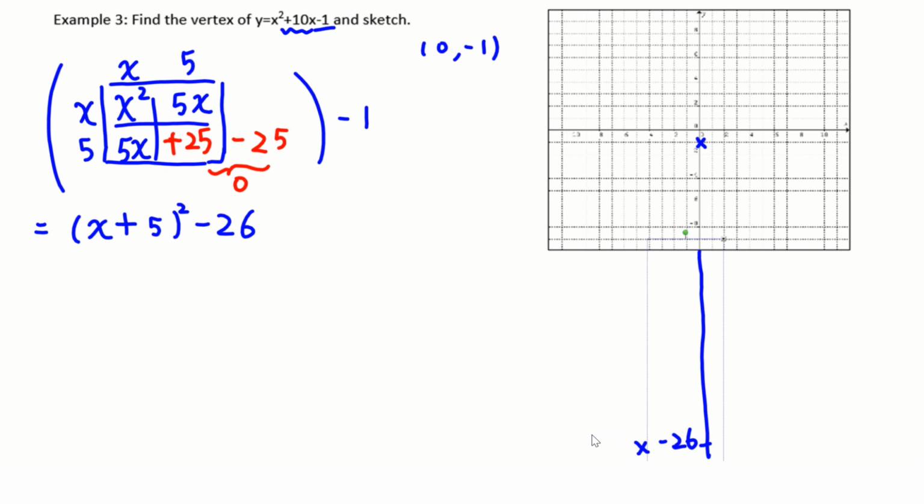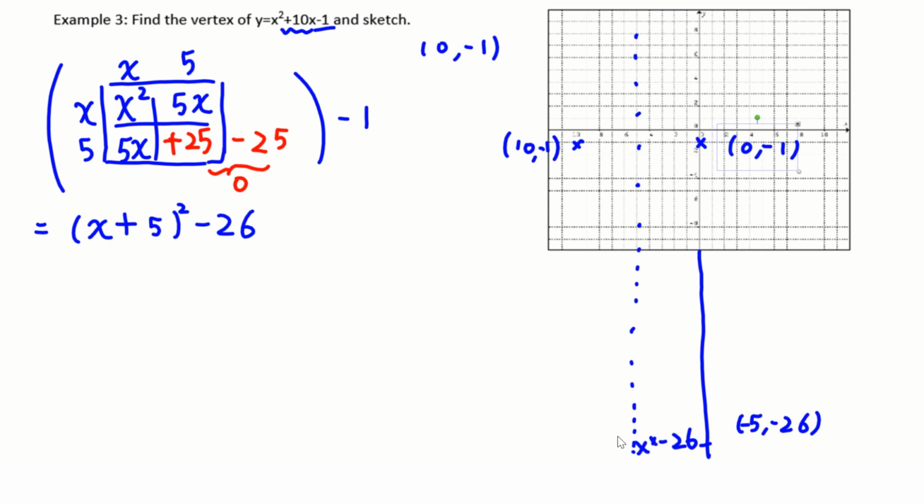Then from this one is 5, comma, negative 5, negative 26. Then this is the axis of symmetry. The symmetric point of the y-intercept will be 5 to the left, so it will be around negative 10, negative 1. So you have these 3 points, then you could just connect them. Or right 1 up 1 a little bit, left 1 up 1 a little bit. Then you are going to have the graph, connect them together.